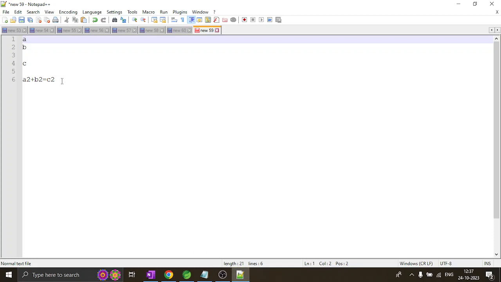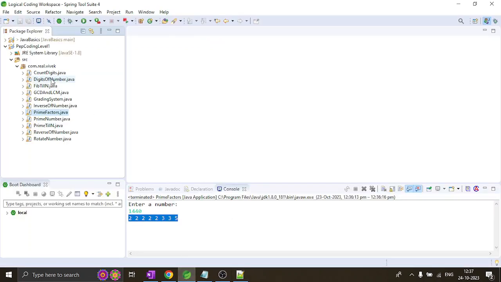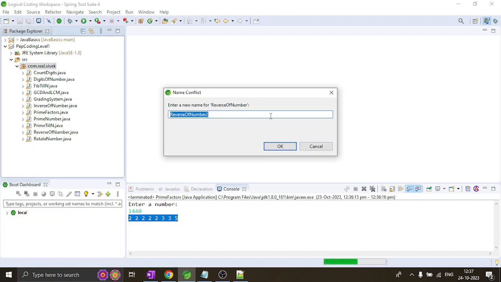These numbers are a Pythagorean triplet only if a square plus b square is equal to c square. So the first thing that we need to do here is find the largest number of the three.